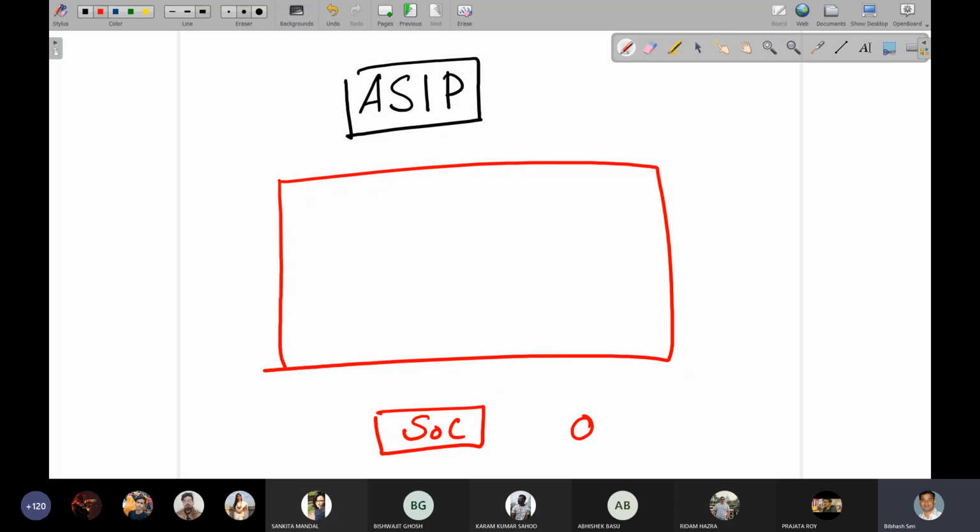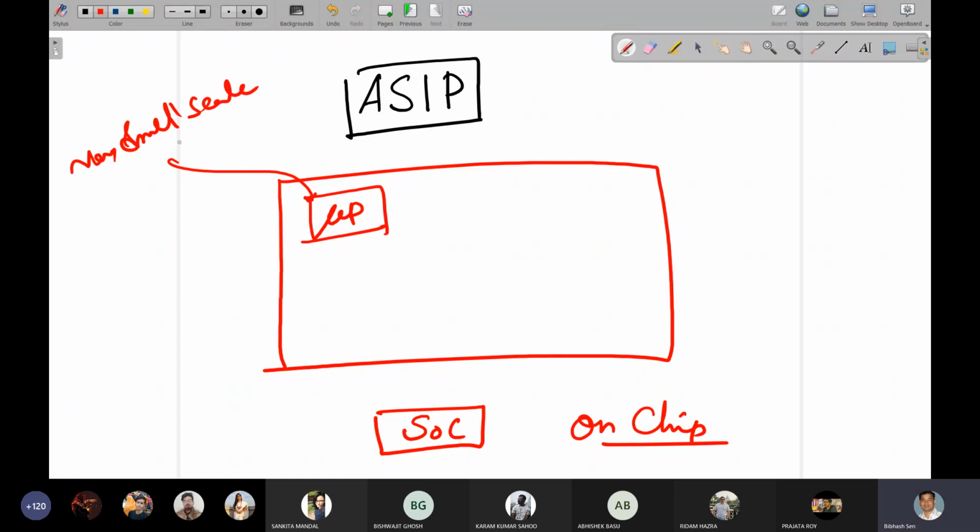Be careful, everything on a single chip. There will be a processor, I can say microprocessor, but for very small scale applications. Small scale processors, I am telling. Maybe 16-bit, maybe 8-bit. Nowadays a 32-bit microprocessor is also used here. But it is less powerful than general purpose.